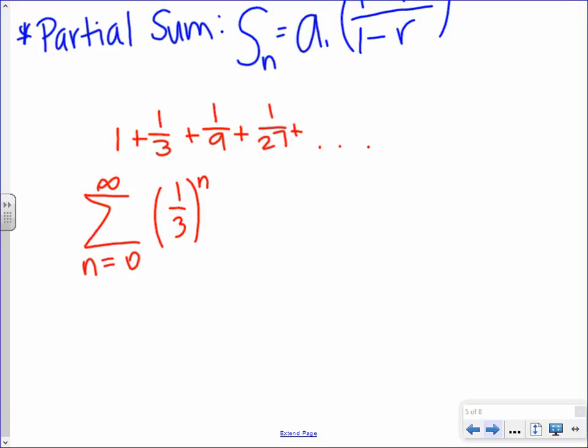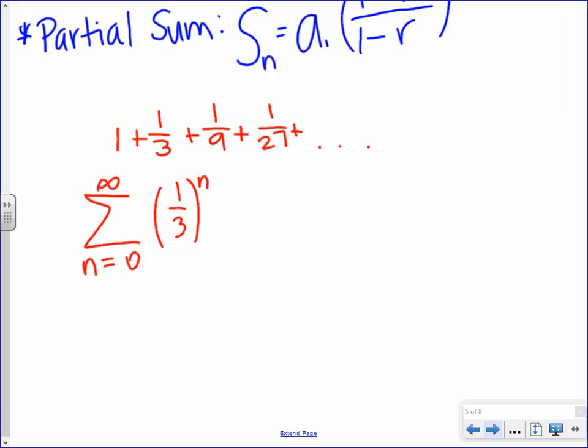Now, I know yesterday we did this for starting at 1. Geometric series will typically start at 0. So this rule looks different than what we wrote down yesterday. These will be the only series that are going to start at 0. The rest of them are going to start at 1.